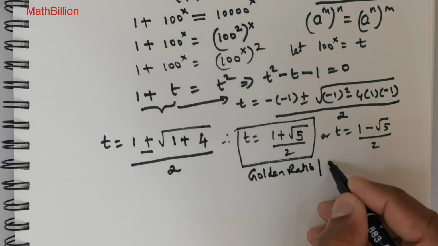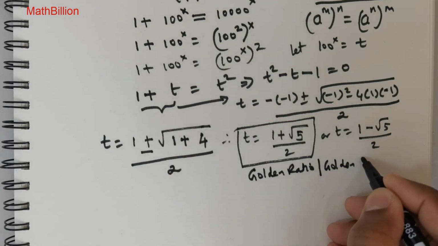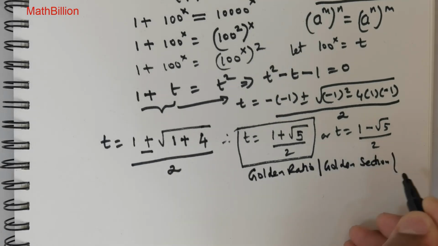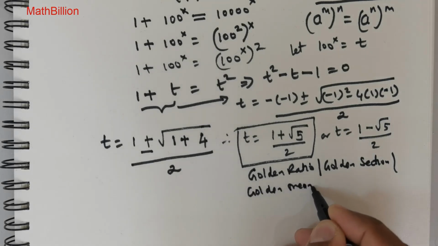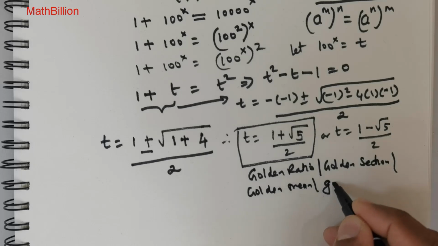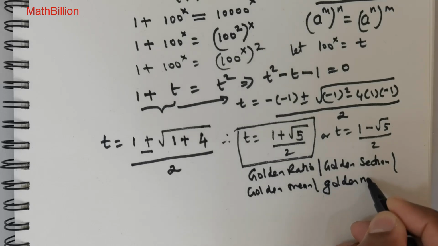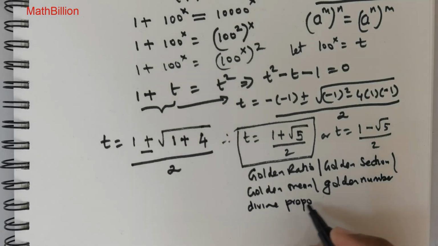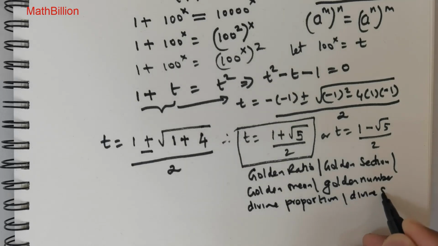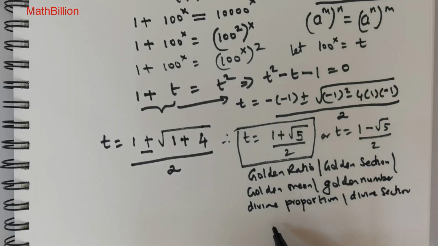This is also called golden section, golden mean, golden number, divine proportion, divine section, and it is also called golden proportion.